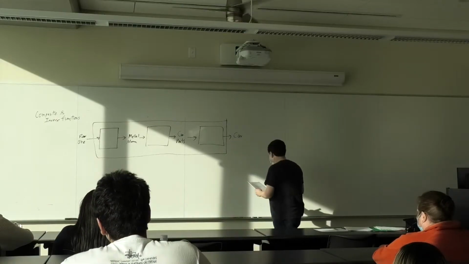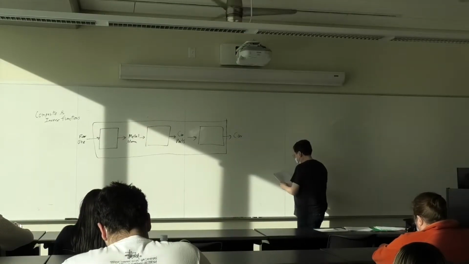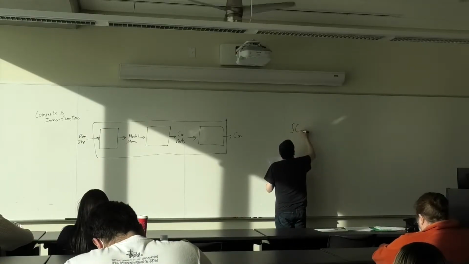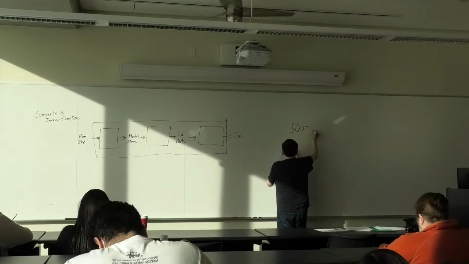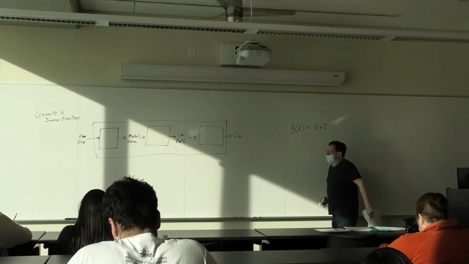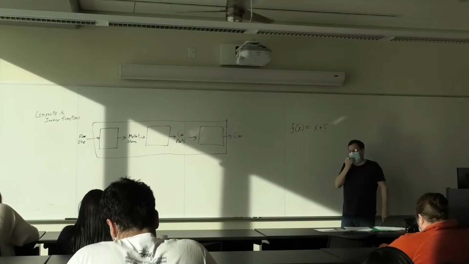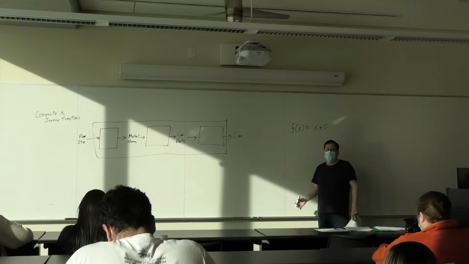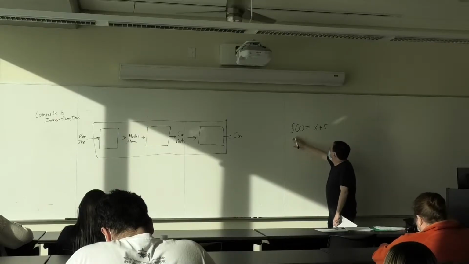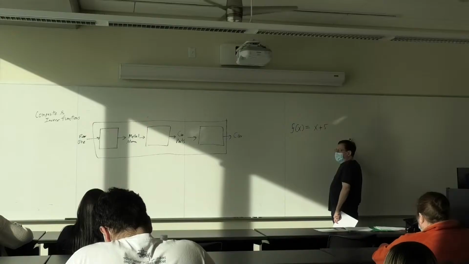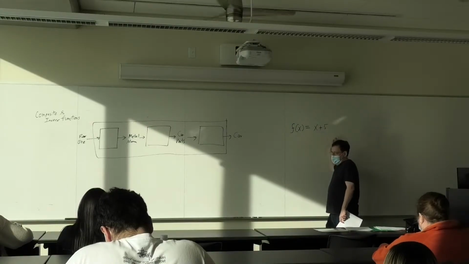All right, let's take a look at an example here. Let's say you have a function f of x equals x plus 5. We know what this does. You give it a number, it gives you back that number plus 5. The domain can be all real numbers, and the range can be all real numbers too.